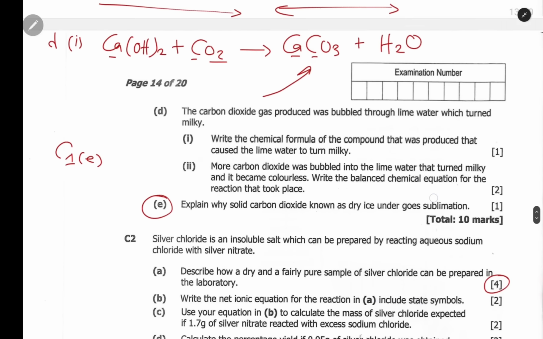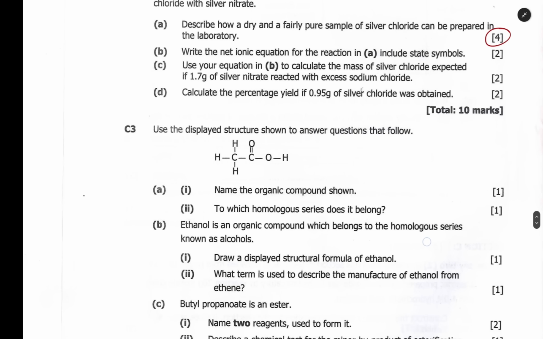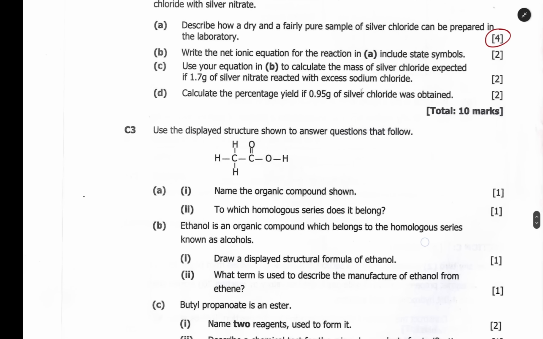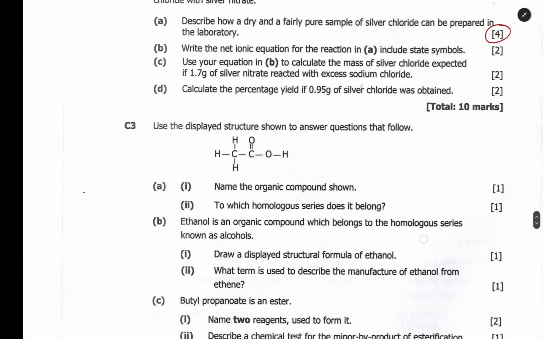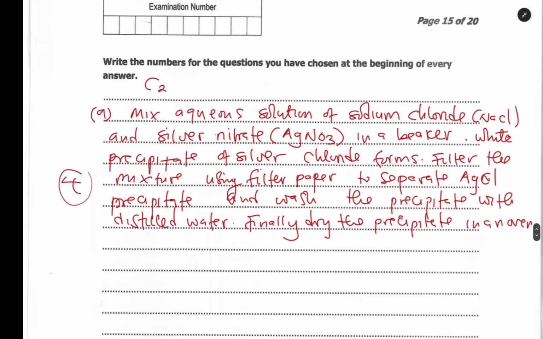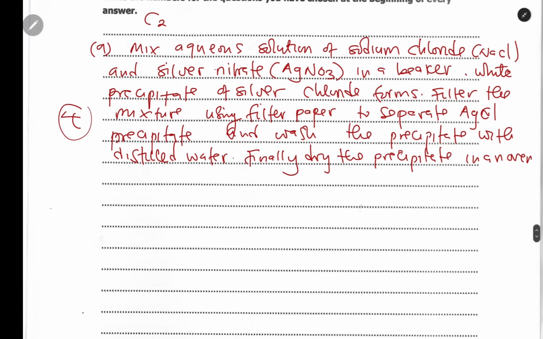Let us go to the second question now. For the second question of C2, write the net ionic equation for the reaction, and include state symbols. For the reaction occurring in the first part, we have sodium chloride, aqueous, plus silver nitrate, aqueous.